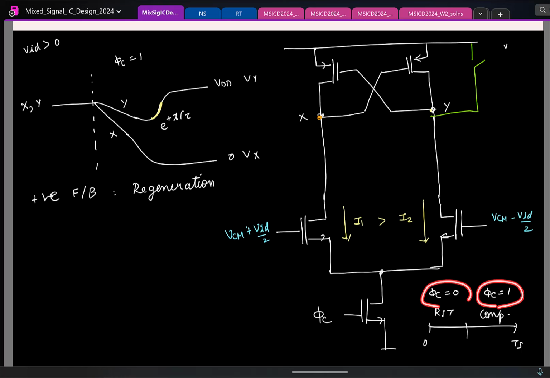Phi C or Phi C bar? Phi C bar. So I'll implement using what kind of transistor? Switch connecting to VDD, what kind of a switch? PMOS switch. Should be Phi C bar. The clock changes to Phi C in PMOS. Okay. So I'll directly draw this. So this is Phi C.